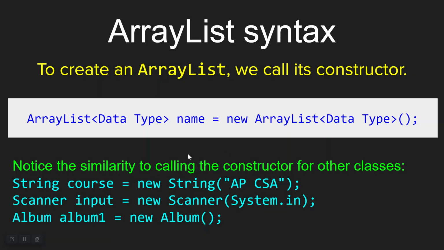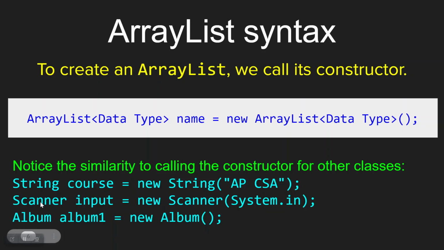So for instance, down here, String course = new String("APCSA"). You're familiar with that line of code. You should understand that this creates a new string object called course and that it's storing this data. Scanner input = new Scanner(System.in). So here's how you create an object of the Scanner class, and that object is called input, right?